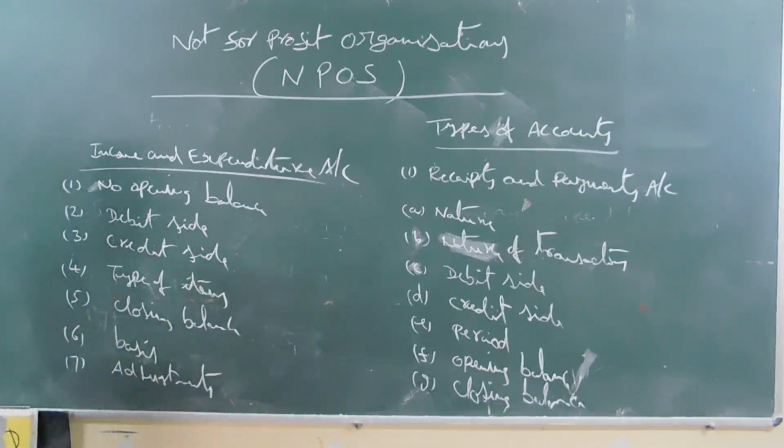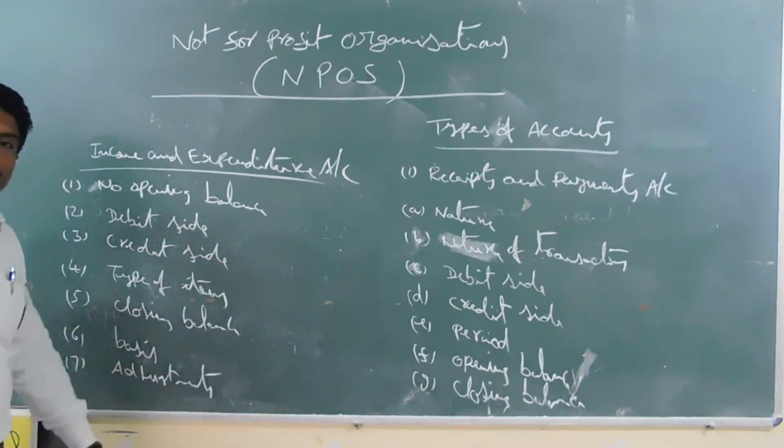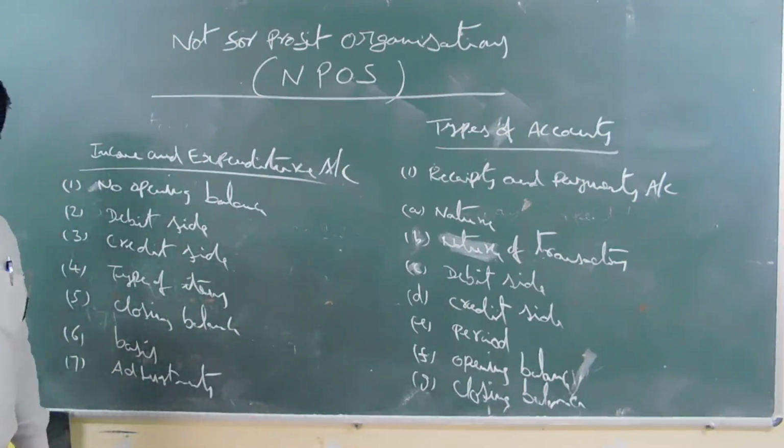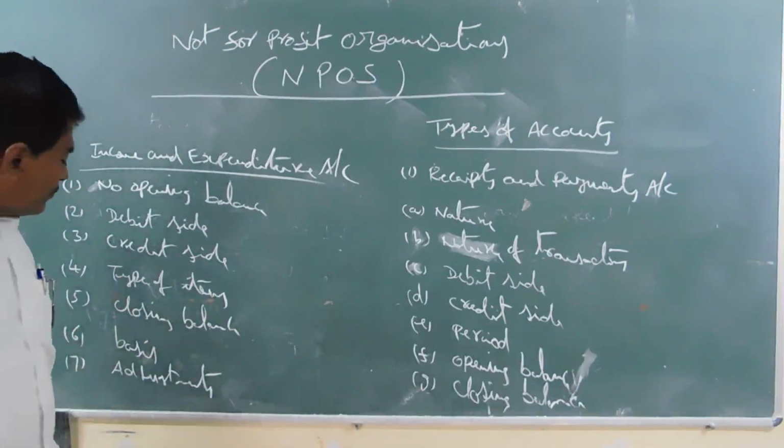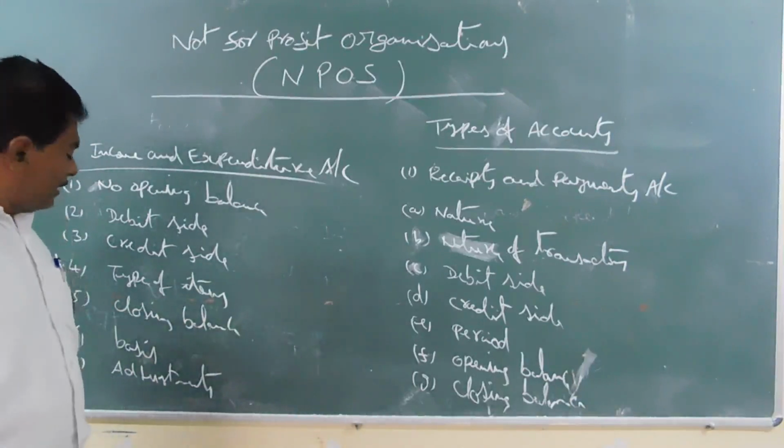Sometimes it may show a debit balance. Sometimes its debit balance may exceed its credit balance. In such case, the balancing figure is said to be deficit.